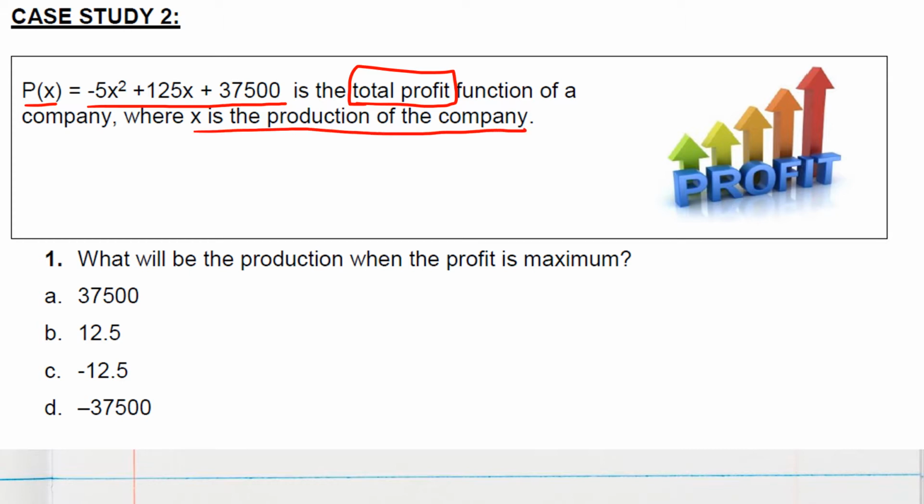Now first question, if you see, what will be the production, that means x value, when profit is maximum? We know profit will be maximum, or any function will be maximum, when its slope will be 0, or derivative will be 0. So what we will do, p of x is given to us, we'll find its derivative and equate it with 0.